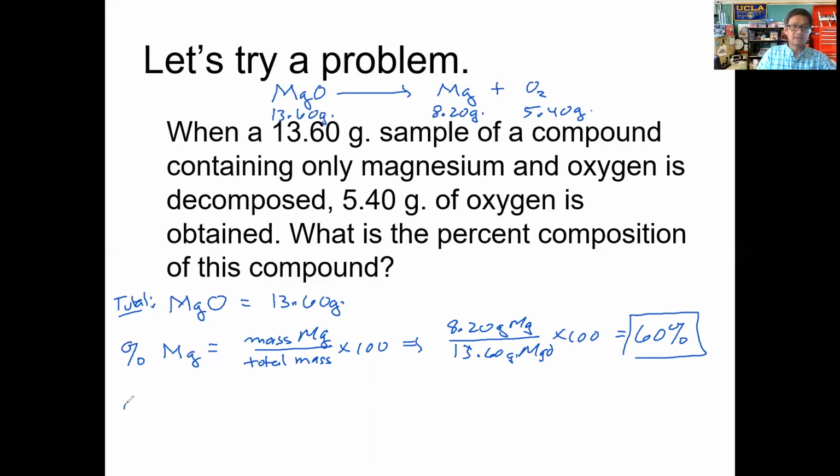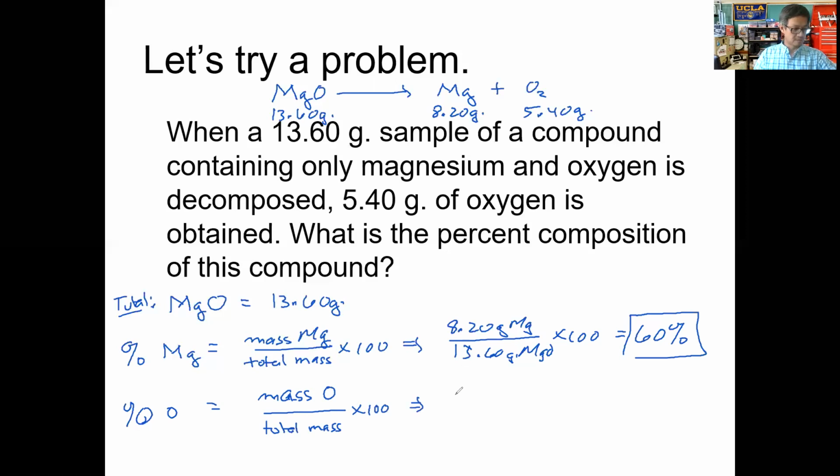The percentage of oxygen, doing it the same way, is going to be the mass of oxygen over the total mass of the compound times 100. Let's plug in our numbers here.